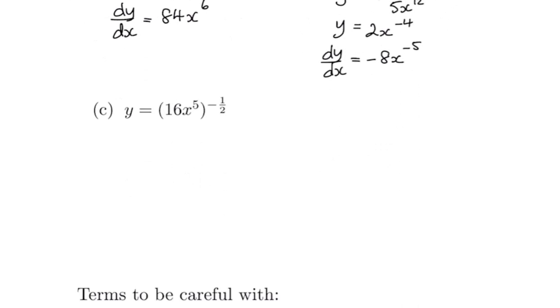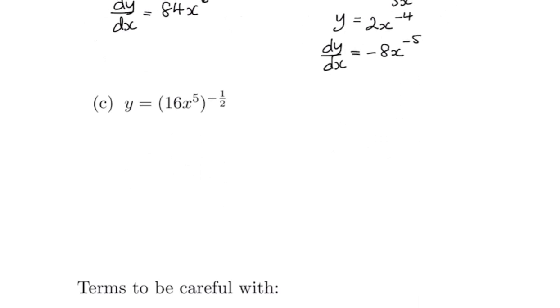Now let's have a look at part C. Again, we need to simplify this one. So we're going to apply the negative 1/2 power. So y equals 16 to the negative 1/2 times x to the negative 5/2.